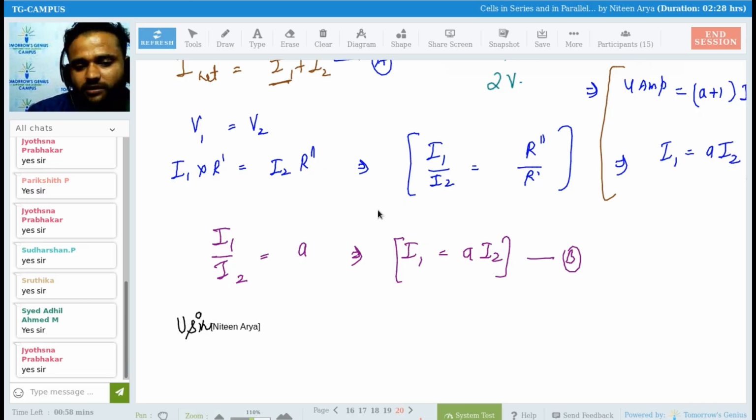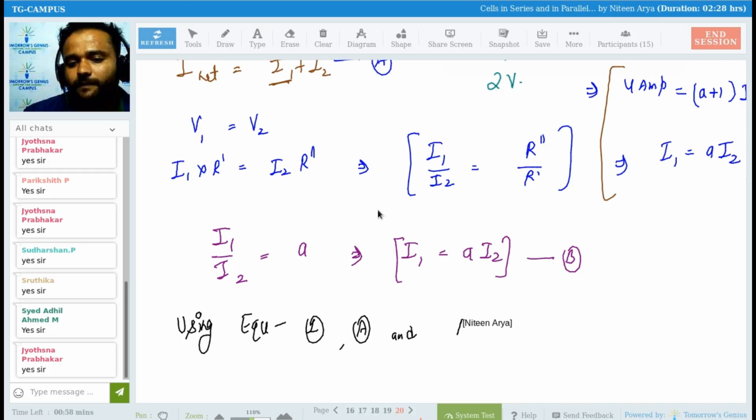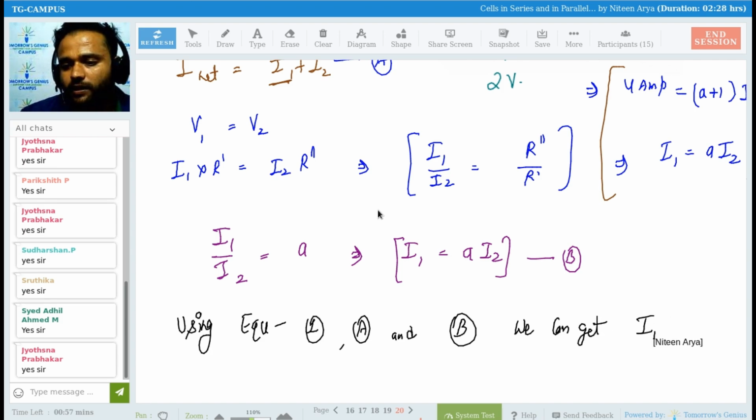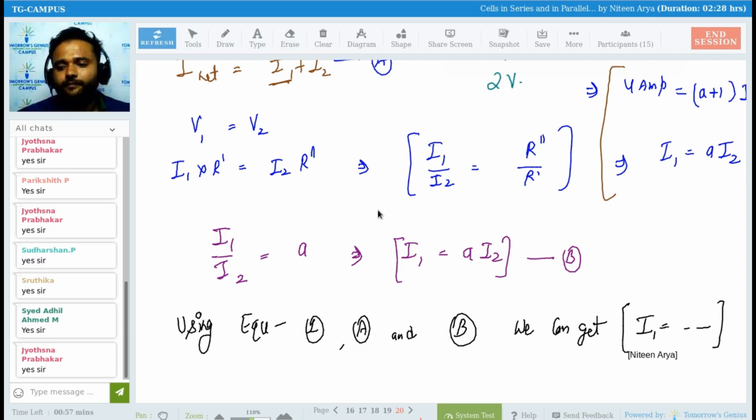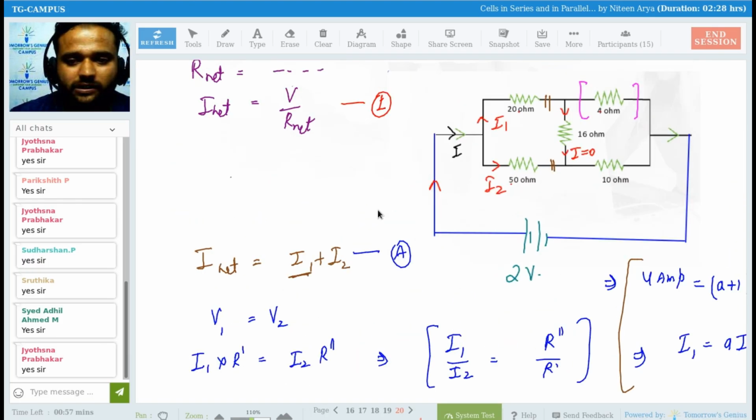I'm not going to explain much after this. Using equations 1, A and B, we can get I1. Clear, everyone? Is this clear? Okay. Everything I provide you, you just need to do the mathematics, nothing more than that.